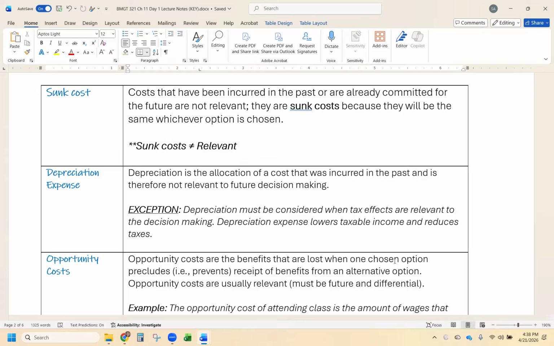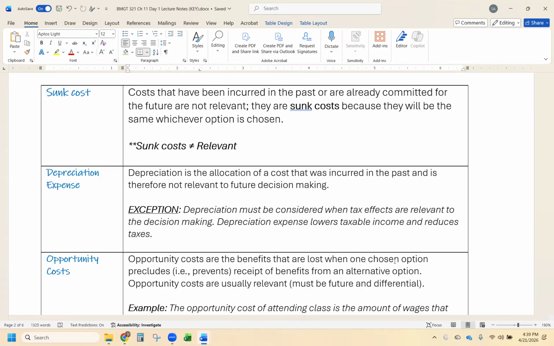But there is one thing about this. Depreciation is tax deductible. So when you have depreciation in the future, it's going to make your taxes lower in the future, which does save you money. So we actually like depreciation in the future because it saves us money on our taxes because it's a deduction. So it's a little bit backwards of what you would think.